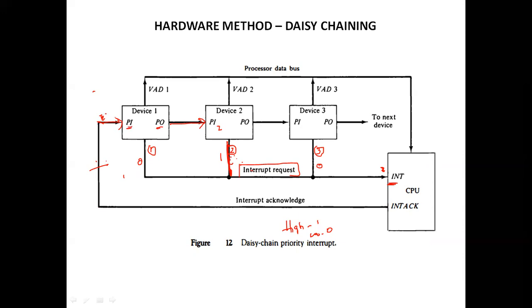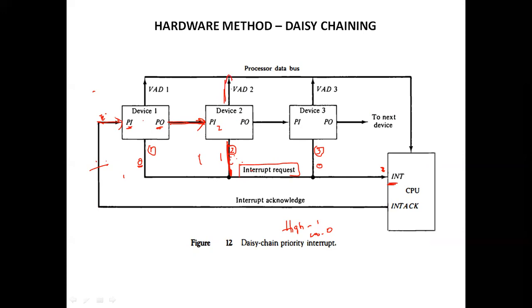Here P1 is the input and P0 is the output. If this device has not requested the interrupt, because it is 0, it will transfer the signal to the second device. If the device has requested the signal, yes, P2 has requested the signal, then it is going to activate this VAD line.